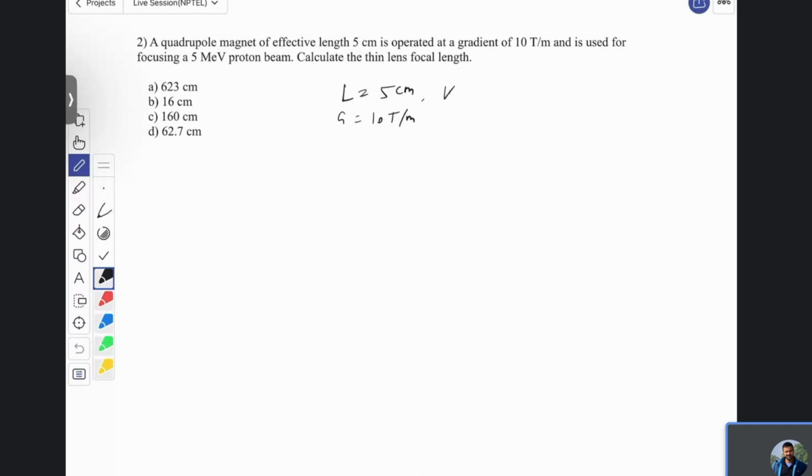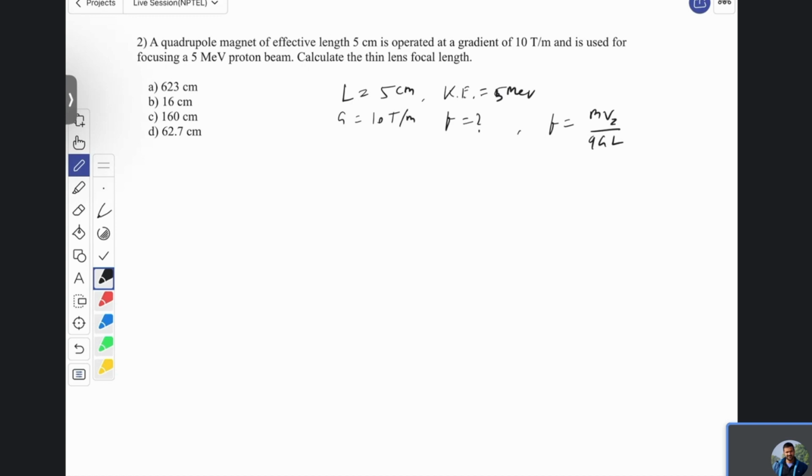We have the kinetic energy of the proton beam given as 5 mega electron volt, and we want the thin lens focal length. The formula of thin lens focal length, as we have seen, is m v_z by q G L.